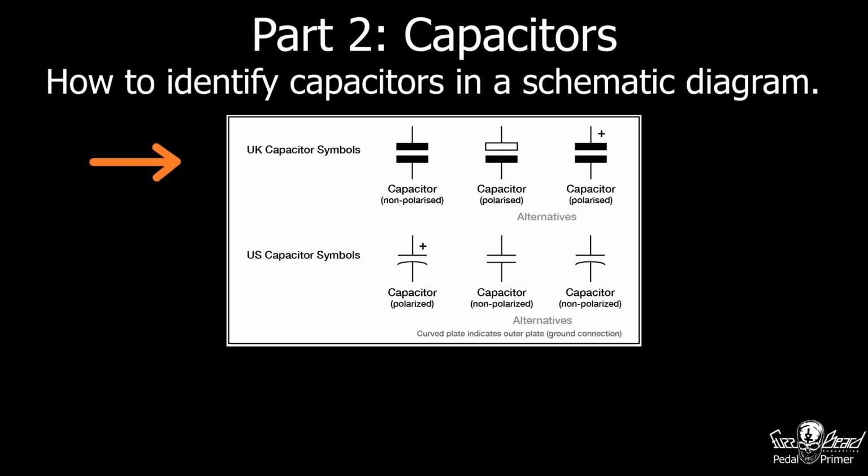If both of those rectangles are black, that indicates it is a non-polarized capacitor and will pass signal in either direction, so it does not matter which way round you put it in your circuit diagram or which way round you install it on the circuit board itself.